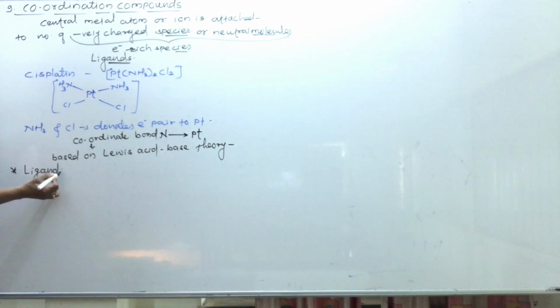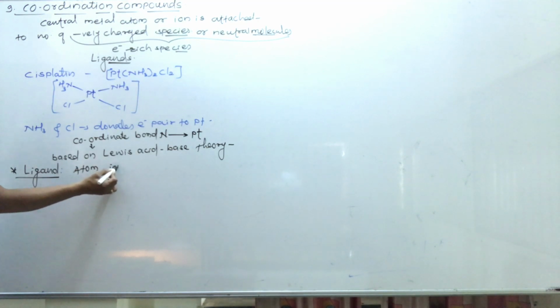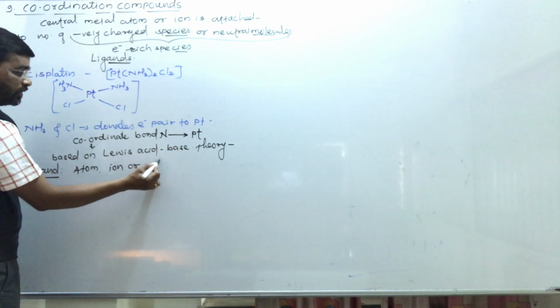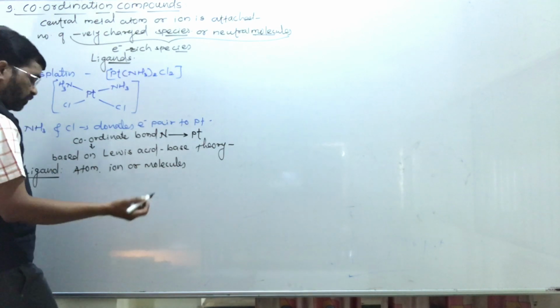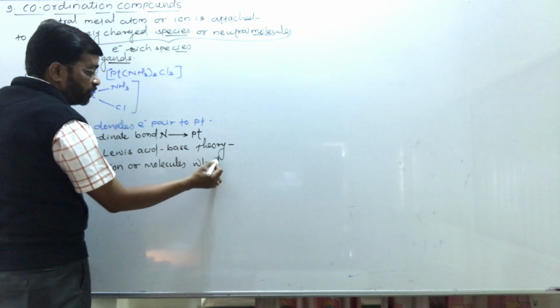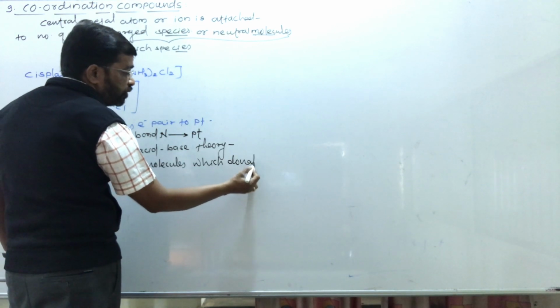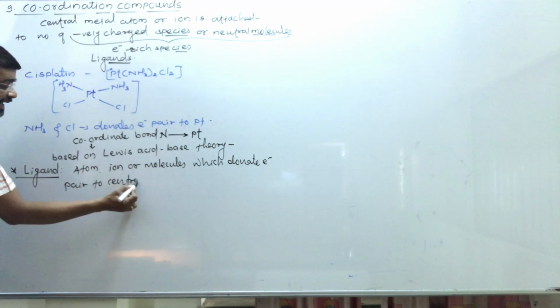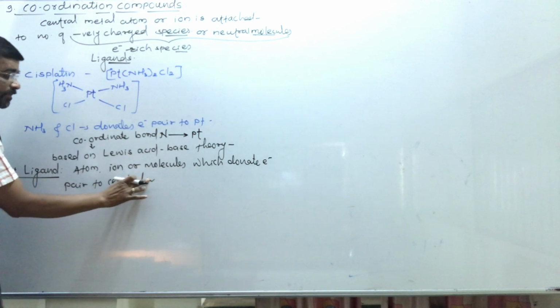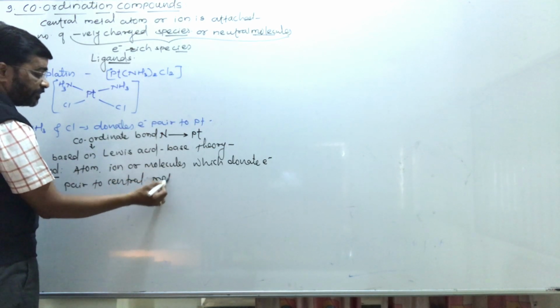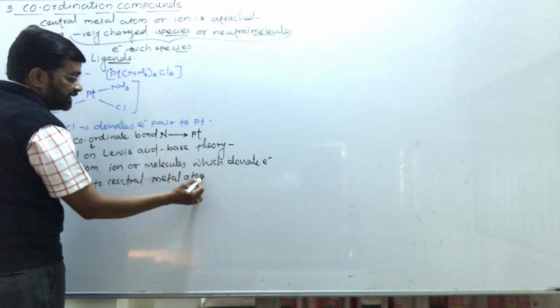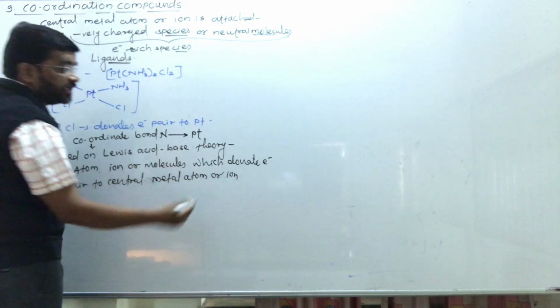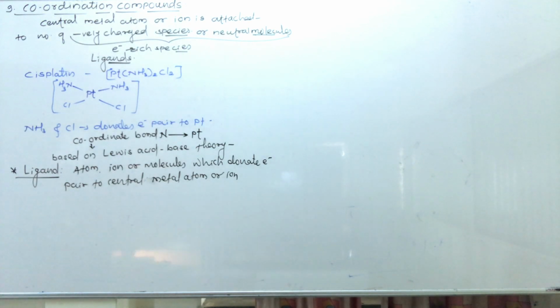Here see, a ligand is an atom, ion or molecule which donates one or more electron pairs to the central atom, central metal atom or ion. That is called the ligand.